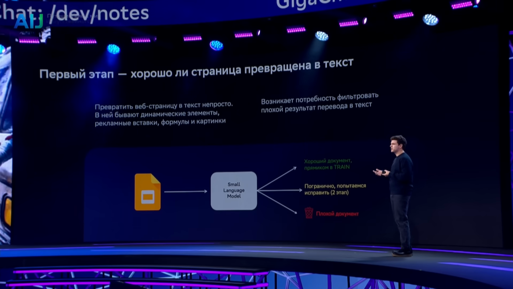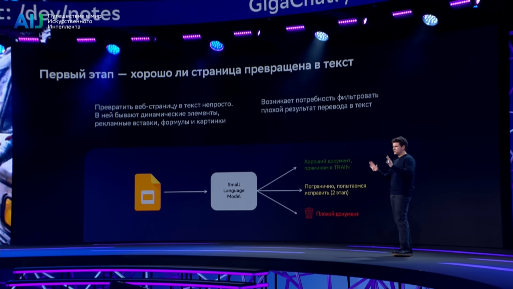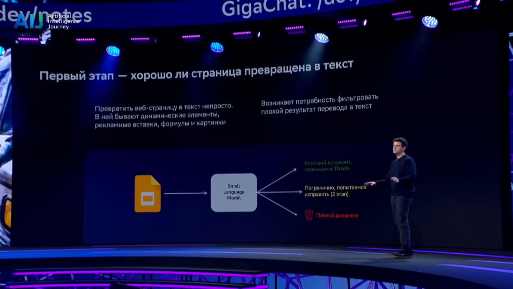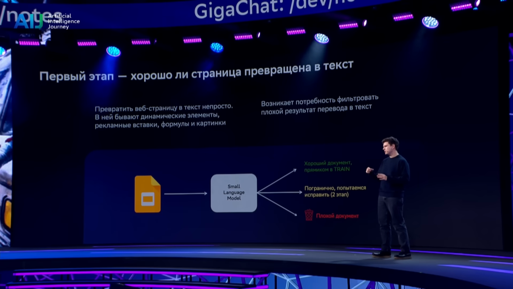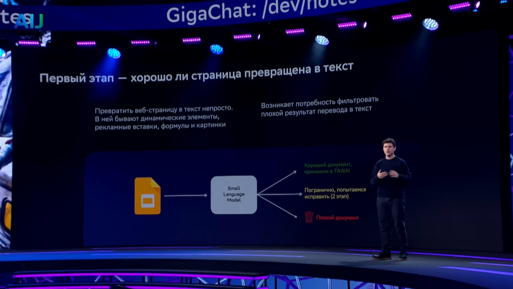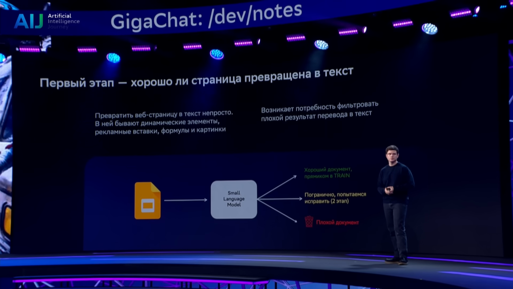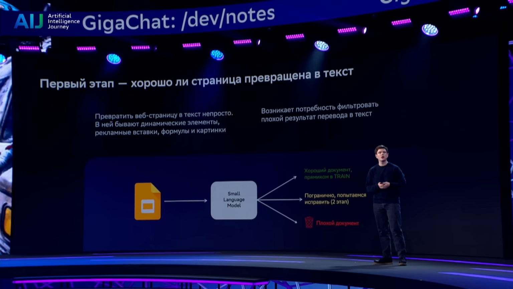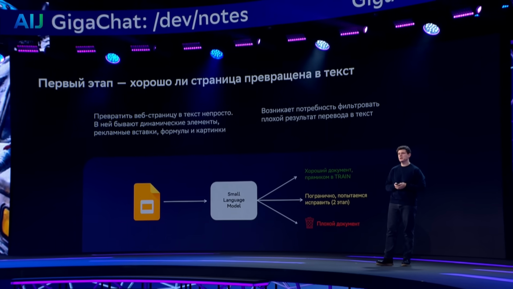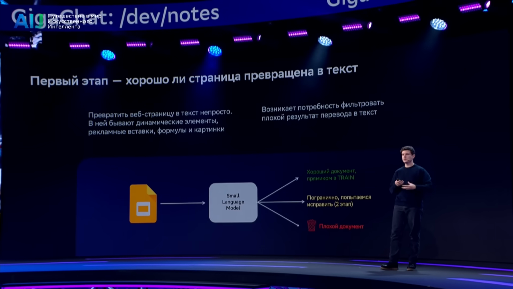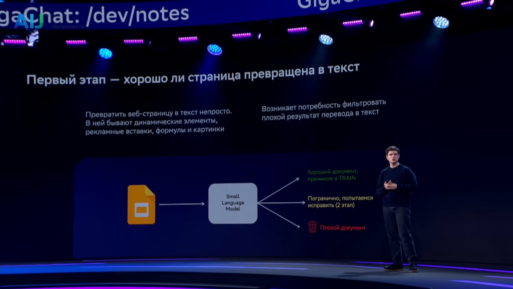We did the classifier based on a smaller model, and we got a great document where everything was perfect. Then we took a document in yellow with some low quality inclusions and a completely inappropriate document.